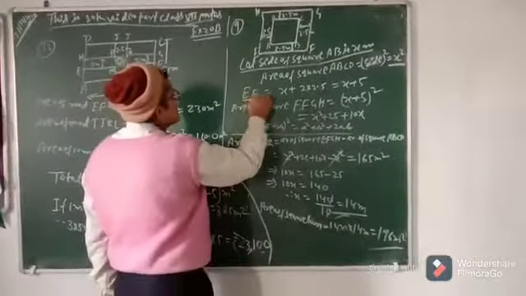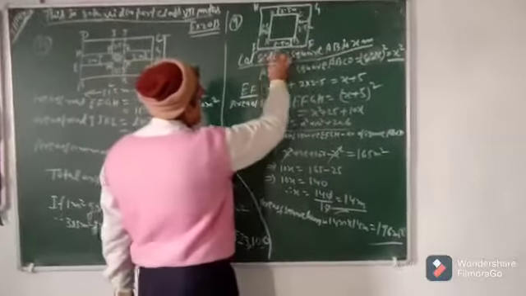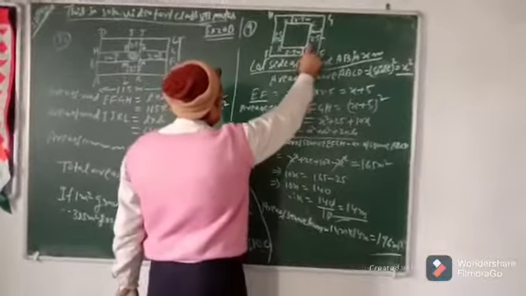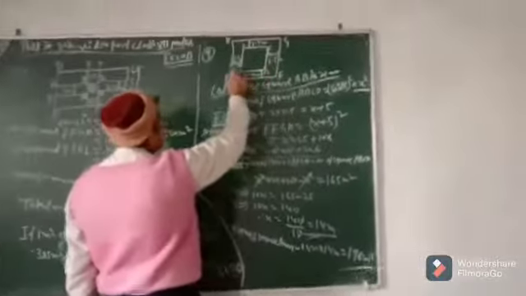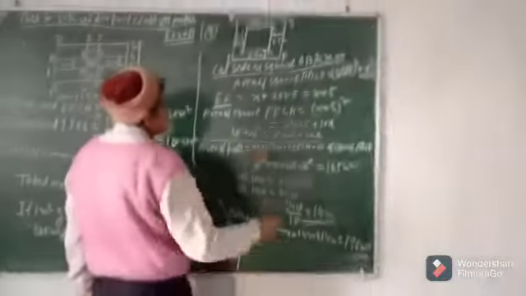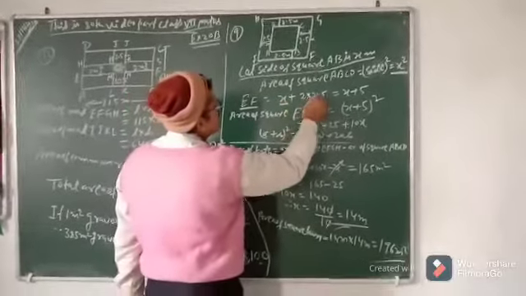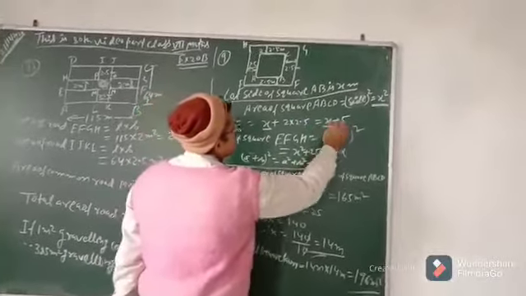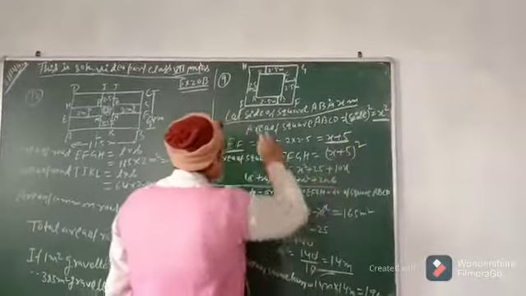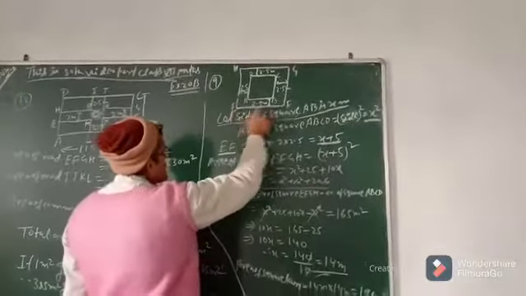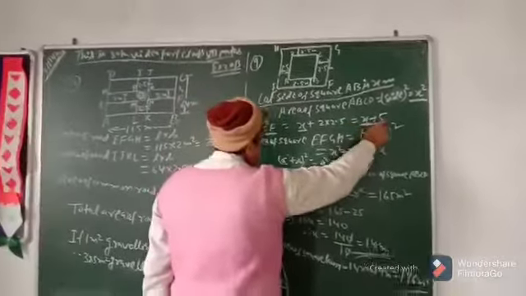Now length of EF is equal to x plus 2 into 2.5, as 2.5 is extended on this side and 2.5 on this side, so it is equal to x plus 5. Now length of EF is equal to x plus 5.